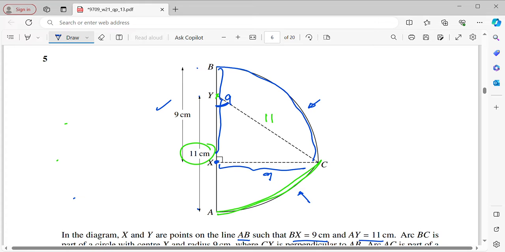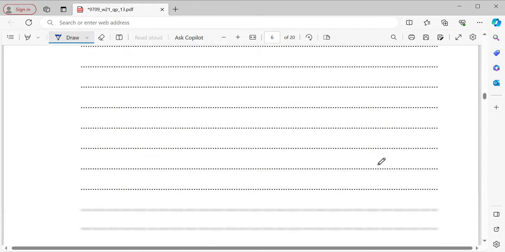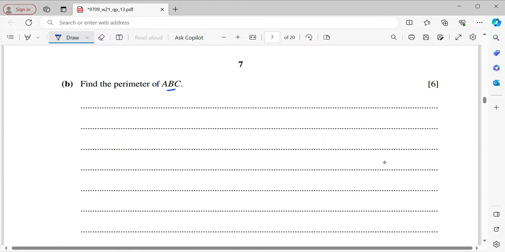Okay, so first of all, I need to know what is the arc BC. So arc BC is a blue color. That means that is a sector with the center X and the radius 9. Okay, therefore I will just use the formula of arc length, which is S equals to R theta. Okay, S equals to theta R or R theta.